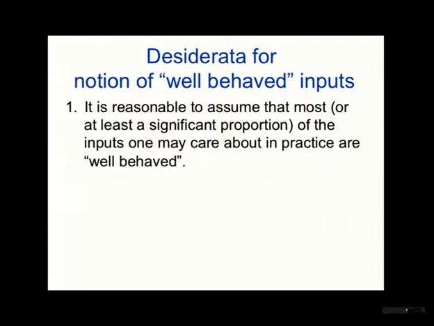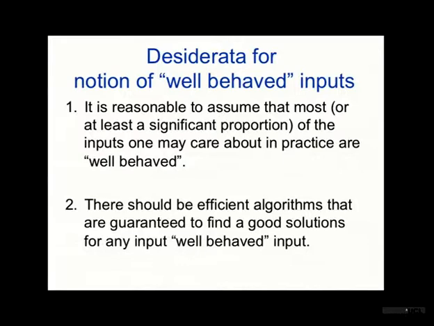And it couldn't be all instances, because we know that those problems are NP-hard once you consider all possible instances. Okay? The next is, of course, an obvious requirement. There should be an efficient algorithm that is guaranteed to find a good solution for all well-behaved inputs in efficient time.